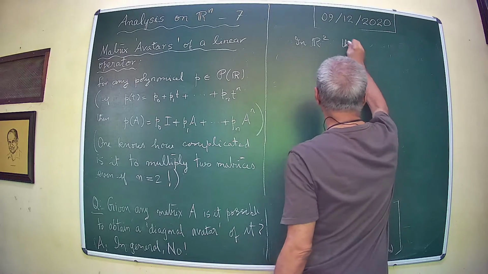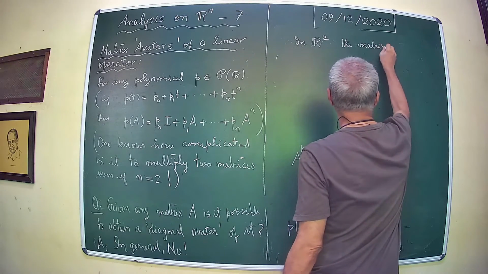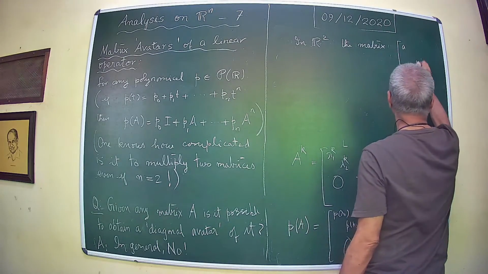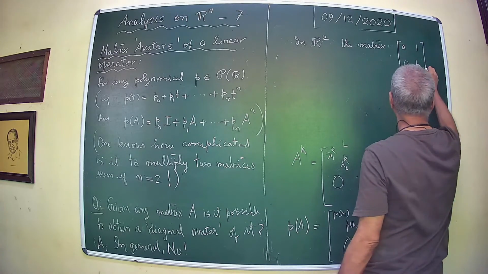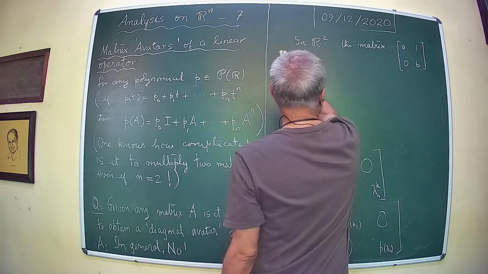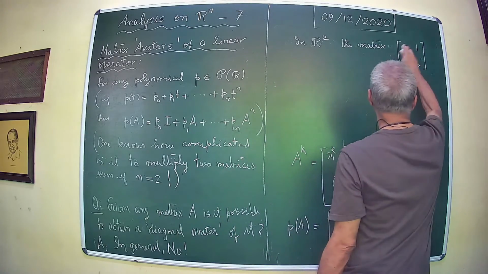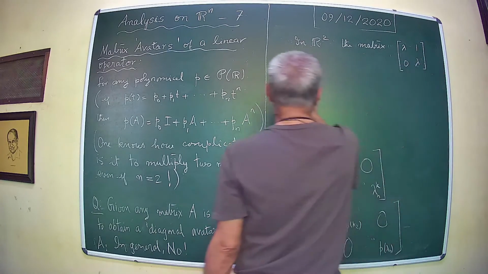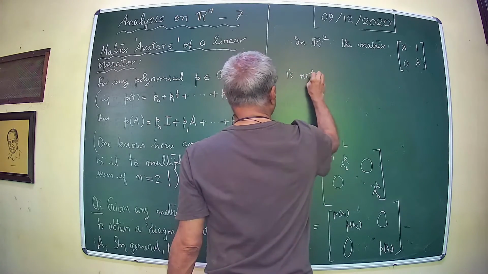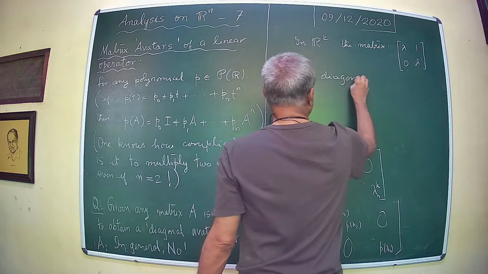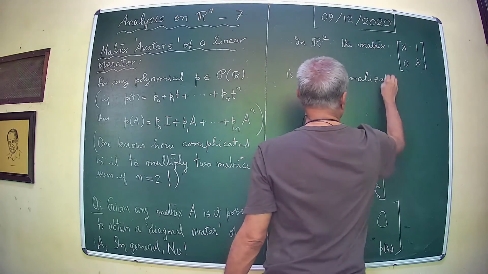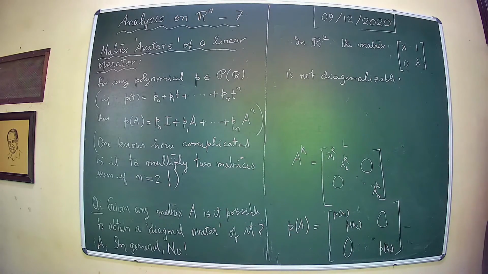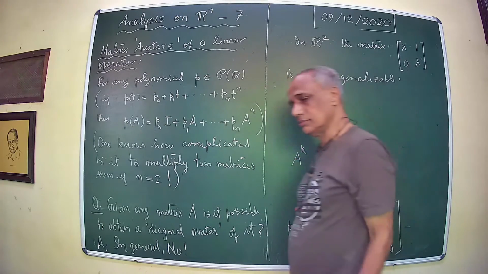The matrix with rows A, B and 1, 0 is not diagonalizable, that means there does not exist a diagonal matrix which is equivalent to this.